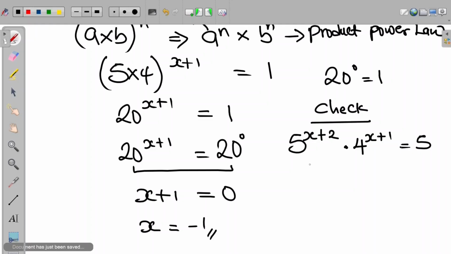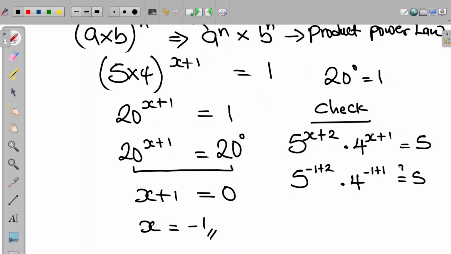Since x is negative 1, we have 5 raised to the power of negative 1 plus 2 multiplied by 4 raised to the power of negative 1 plus 1 equal to 5. So we want to check if x equal to negative 1 satisfies the equation.